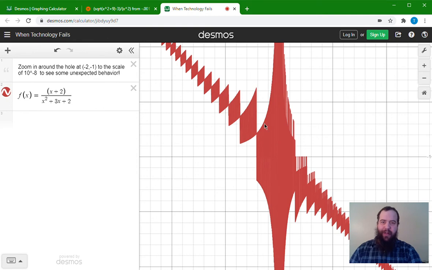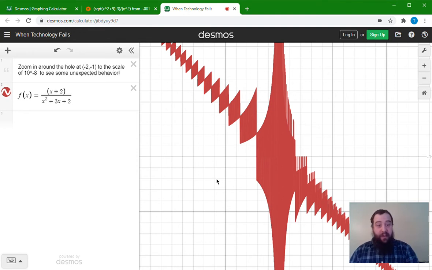You could teach a whole class as to what's going on behind the scenes of the calculator that causes it to have this really interesting behavior when it goes to graph these things. Why do we get these diamond shapes showing up? And why do they not look quite as nice when we're over here?